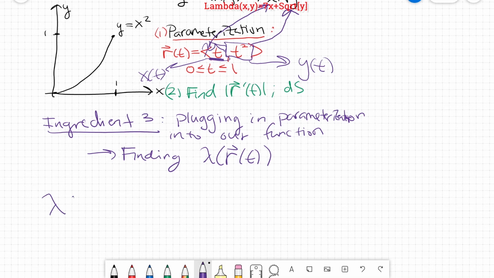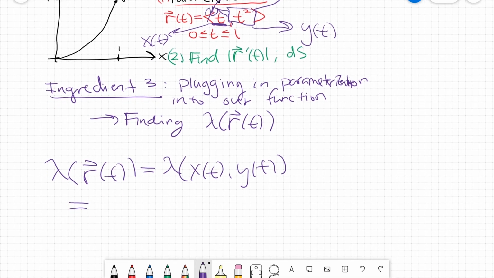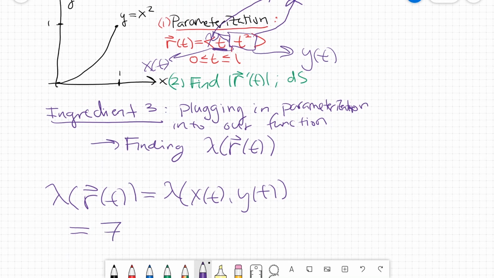Thus, lambda of r of t is equal to lambda of x of t, y of t, which is equal to 7 x of t plus the square root of y of t. And what's x of t and y of t?